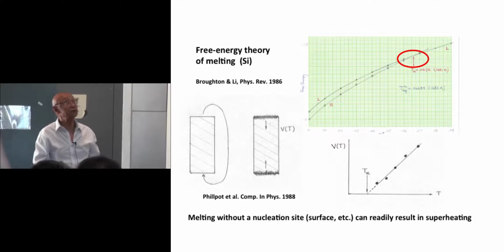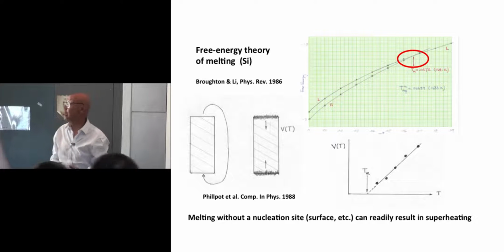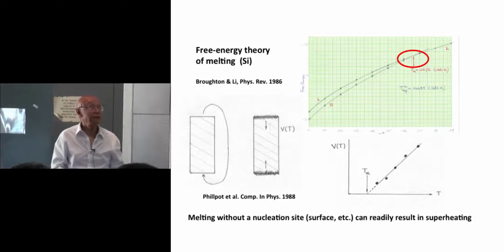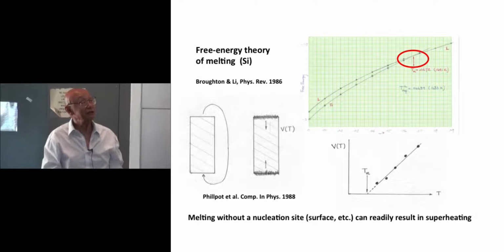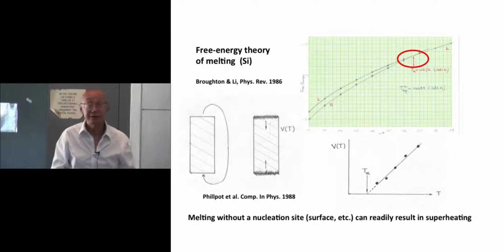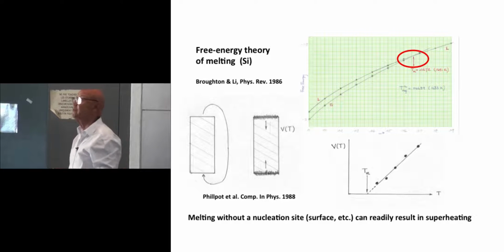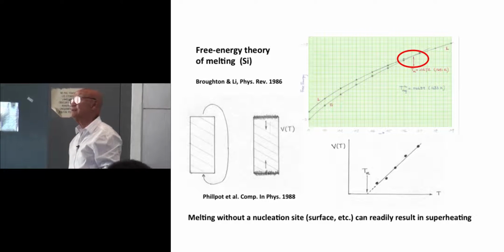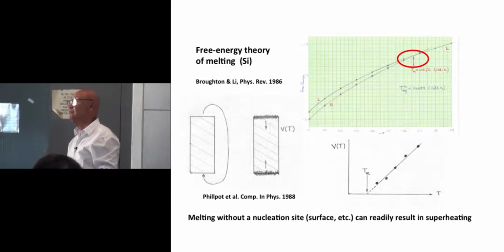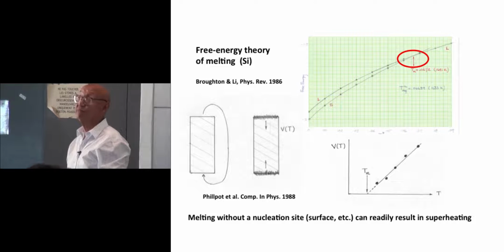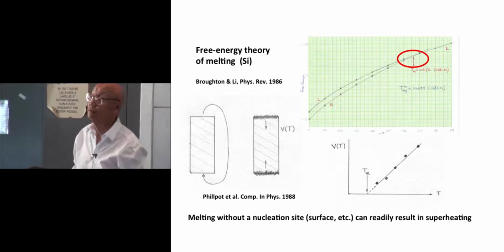Or you can do a free surface boundary condition along one direction, in which case you introduce a free surface. And what you find is that when you eliminate the surface, you can easily superheat, 700 degrees. So, on this kind of small scale simulations, surface effects are very important. If you get rid of them, the system will not melt.